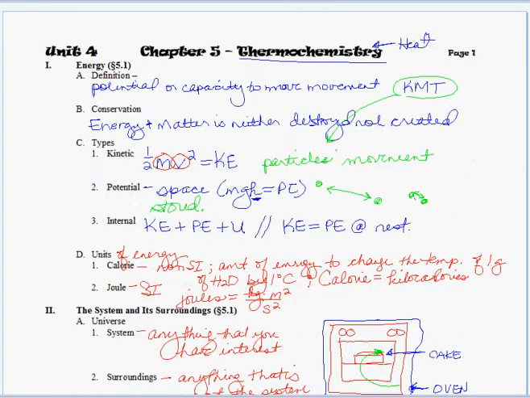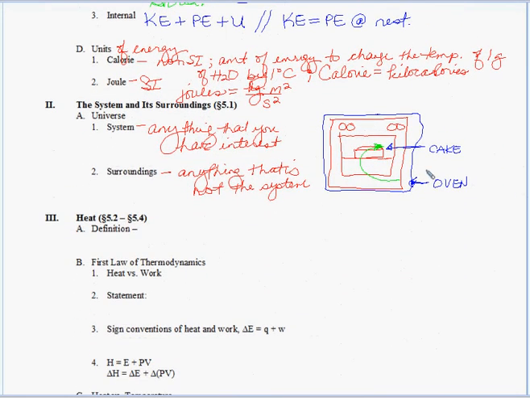So as we look at our example of the cake, the cake is absorbing energy. The oven is releasing energy into the cake. Those two values, if we talk about the magnitude, must be identical.